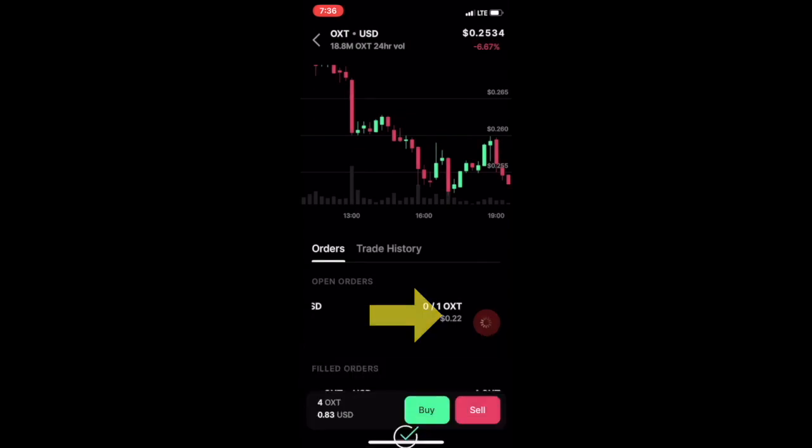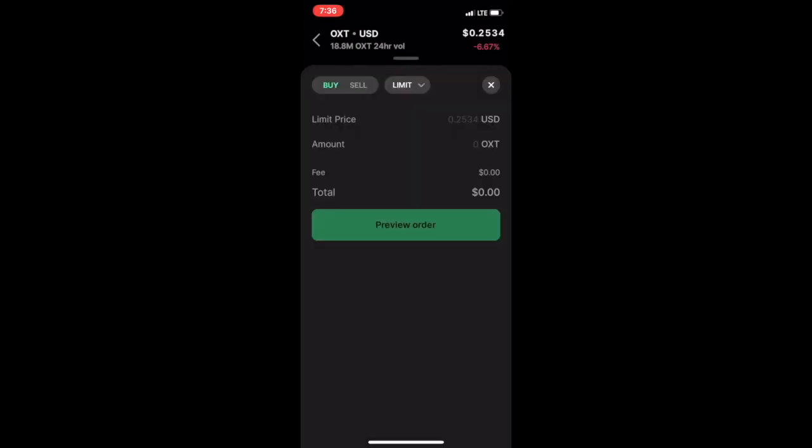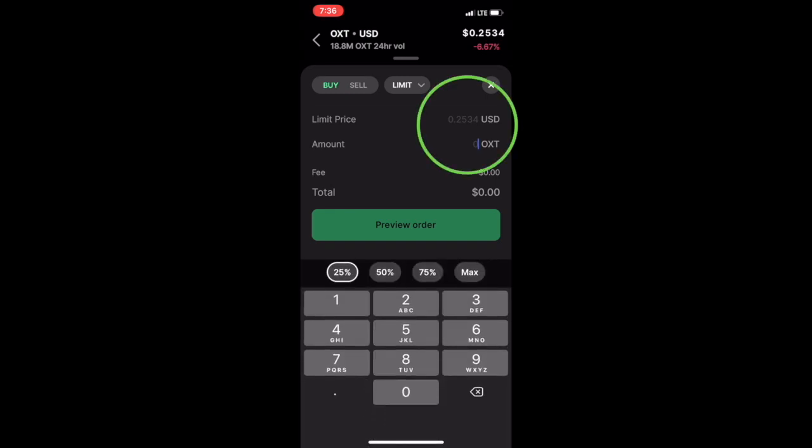Now this is the problem that most people encounter. They go ahead and they want to buy something. So they want to buy Orchid, right? And they set the price, and then they have their limit price. As they're waiting, the price for what Orchid or any asset is going for on the market in the upper right-hand corner may change while they're still doing their order.